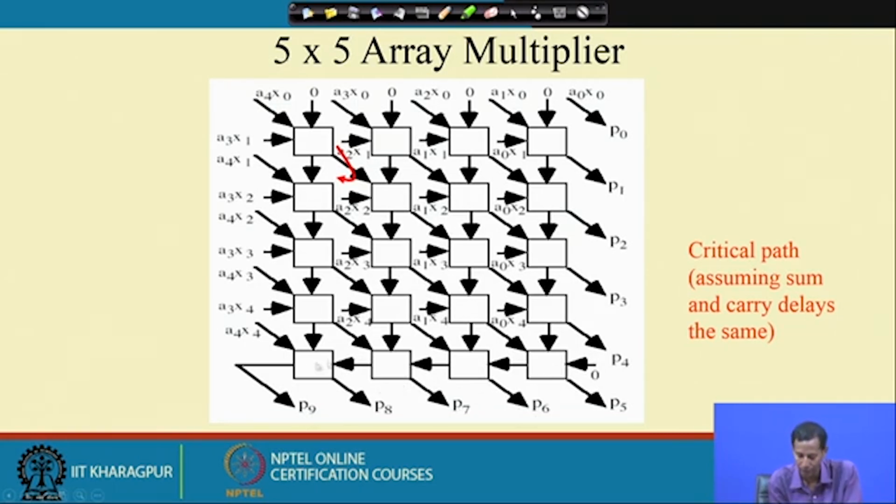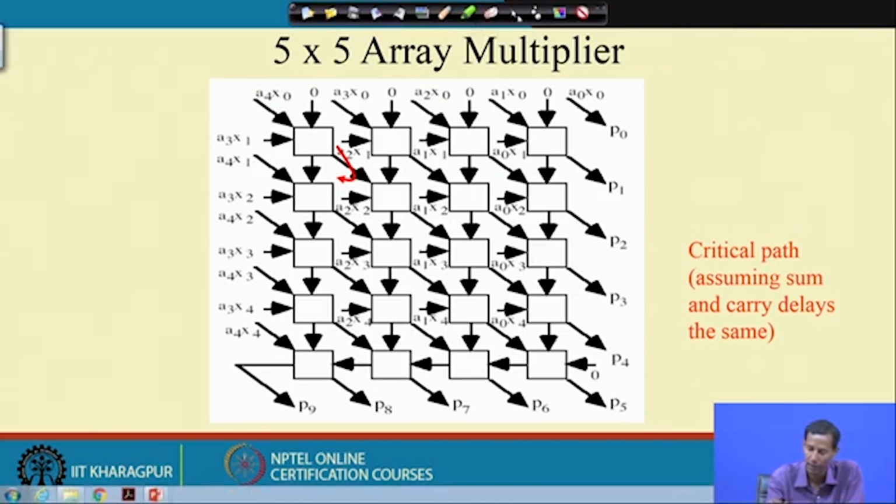Okay. So, that means the total critical path over here is this to this. This is the maximum path which I am getting for computation of P9.